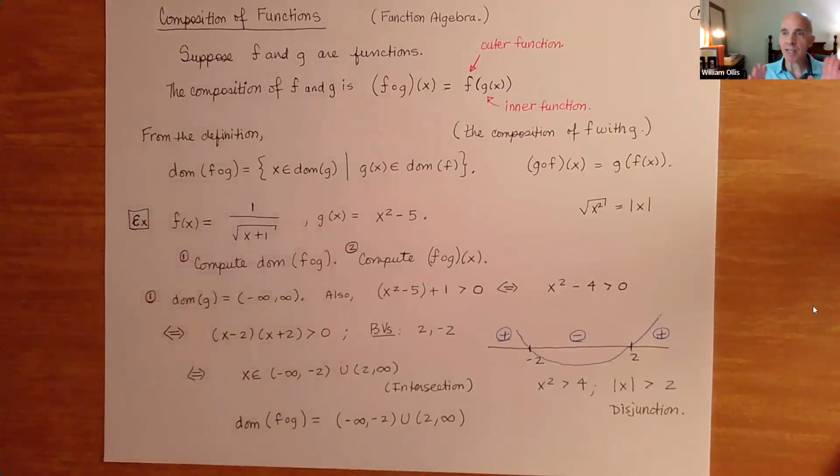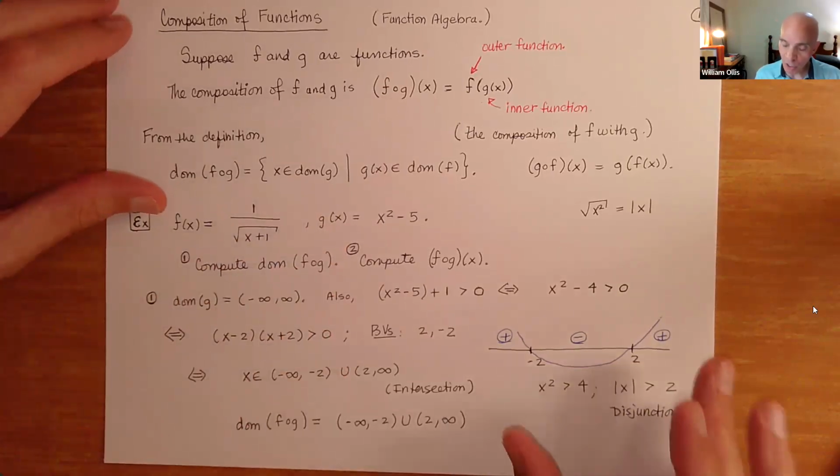Because again, we think of the process of building, x is substituted into g of x is substituted into f of x. So there are two domains that must be satisfied. So we can't just forget the domain of the inner function. Let me show you what I mean.